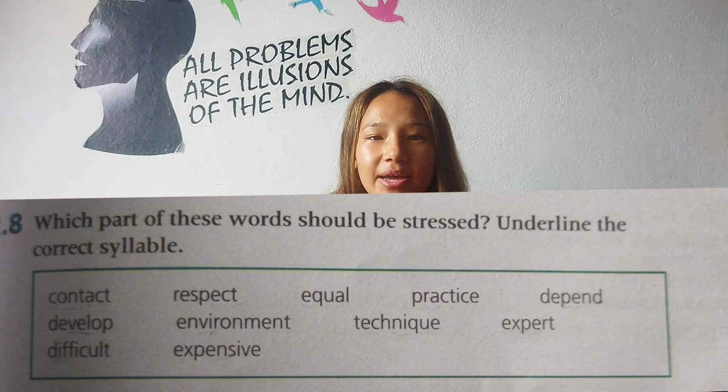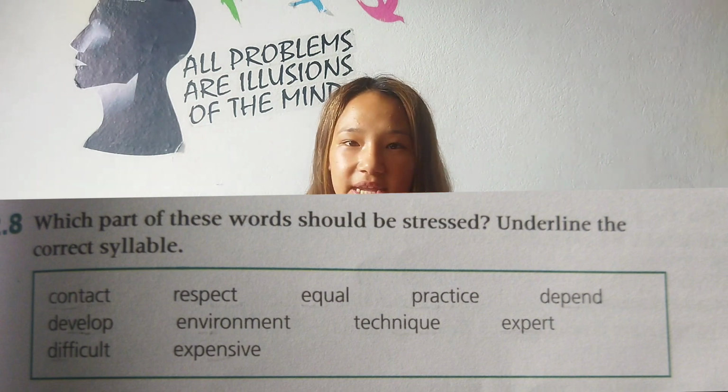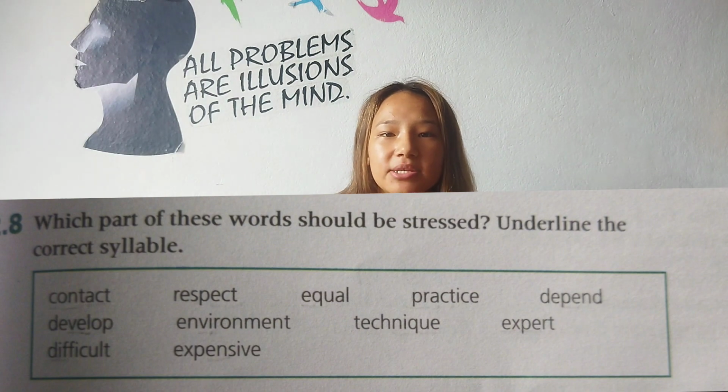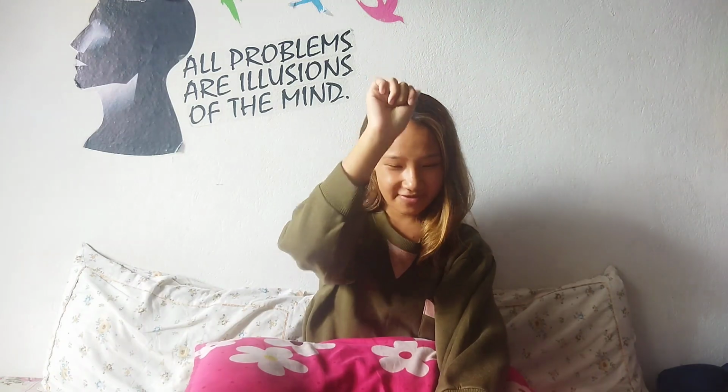If you put the stress, it's going to sound clearer and make more sense. So here are some words for you guys. Take a screenshot and write the syllable where you think they should be stressed. After you pause the video, I'll give you the answer in 1, 2, 3, 4, 5.